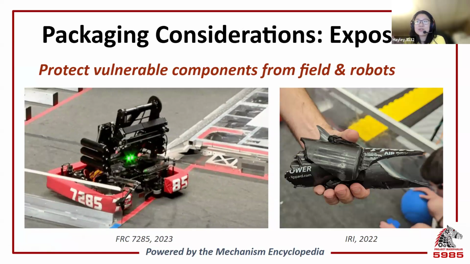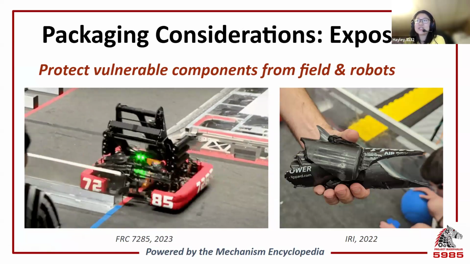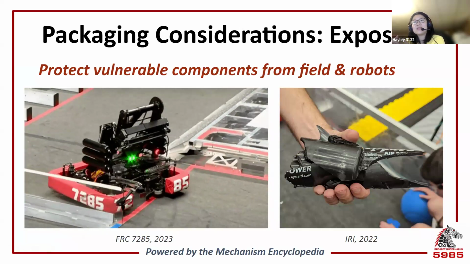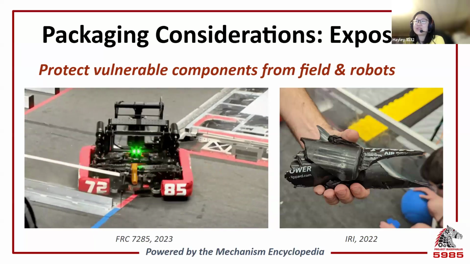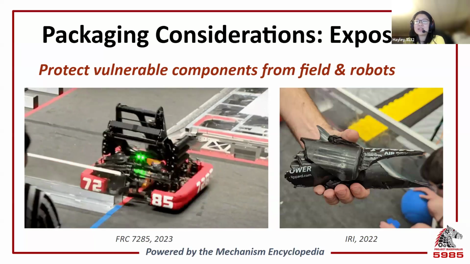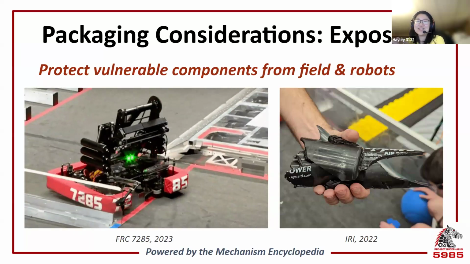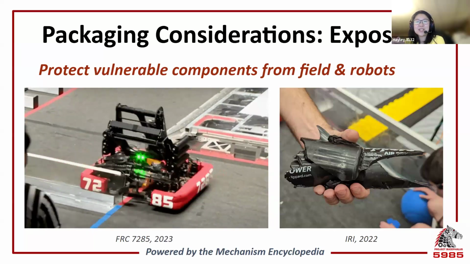Think about how exposed your critical components, like your motors, power transmission, and electronics, are during gameplay. Any parts that stick out of your robot could be vulnerable to damage. Even elements that are within your frame perimeter but exposed might get snagged on external things. For example, this unfortunate intake on the left here, or the exploded air tank to the right.